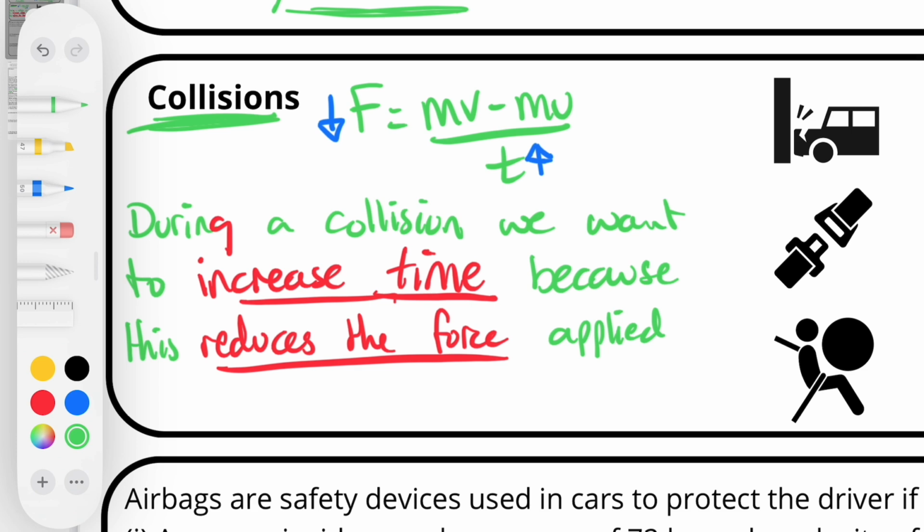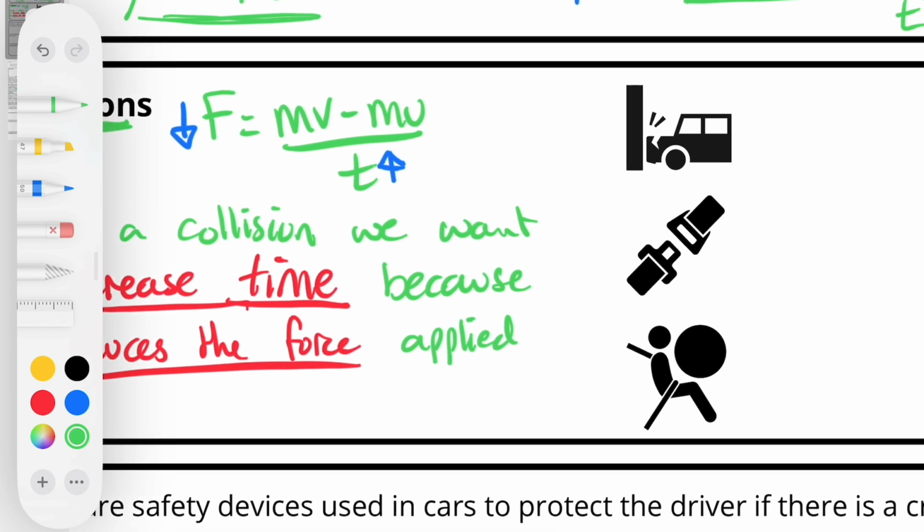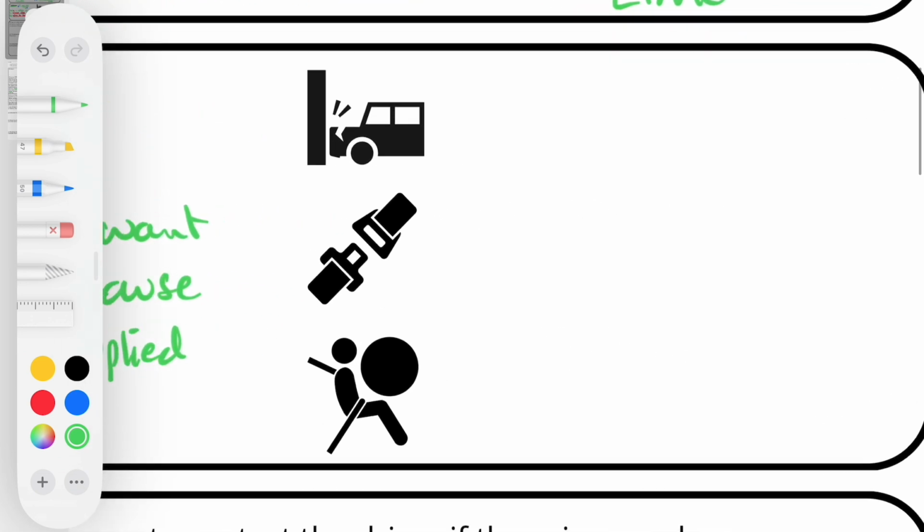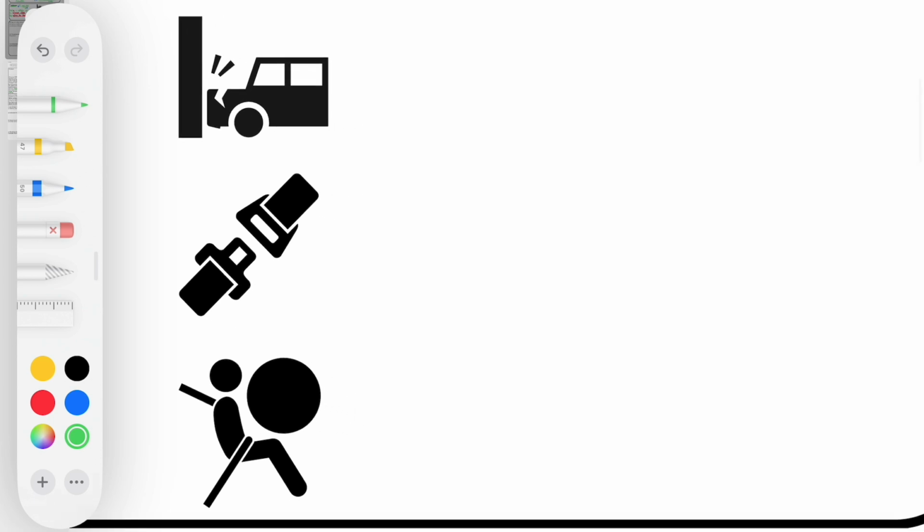How does the thickness of a tennis player's shoe change the force they feel and stop them from getting injured? But there are three really common things here when we talk about cars. The first one that we could think about is a crumple zone.